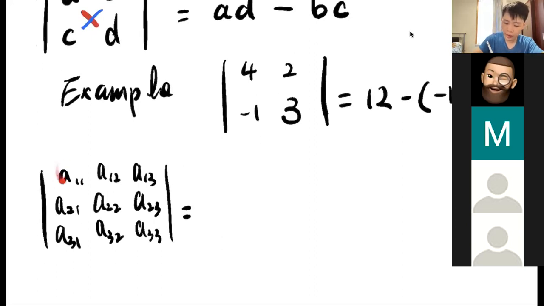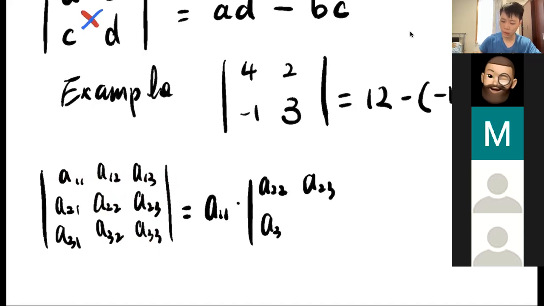You take out A11, and then you delete the row and column associated with A11. That is the 2 by 2 matrix formed by A22, A23, A32, A33. And then you multiply by the determinant of this 2 by 2 matrix. So A11 times the determinant of A22, A23, 32, 33.